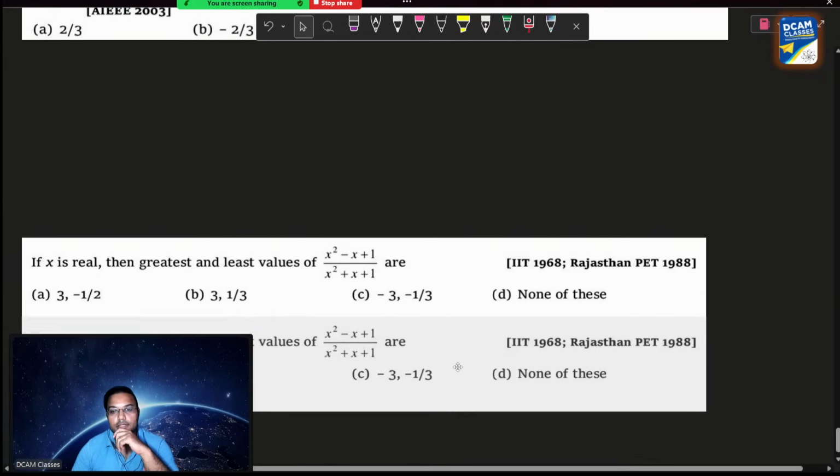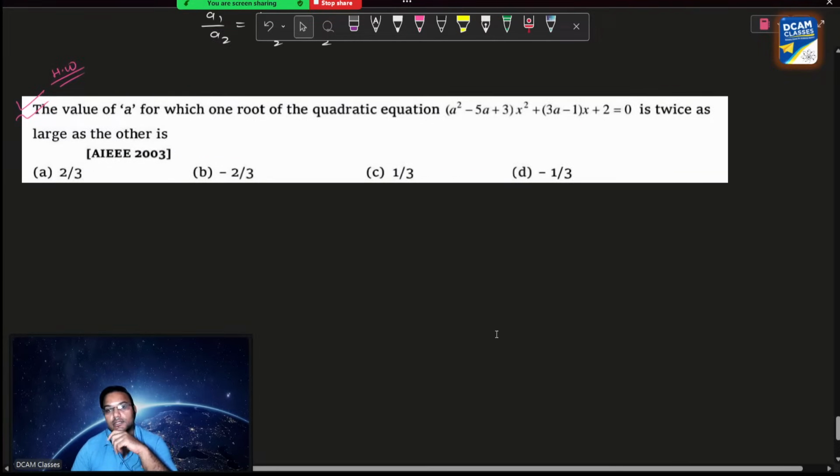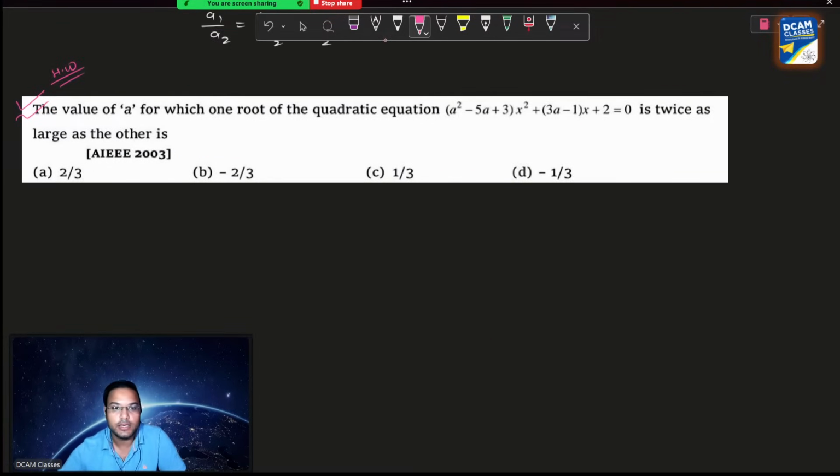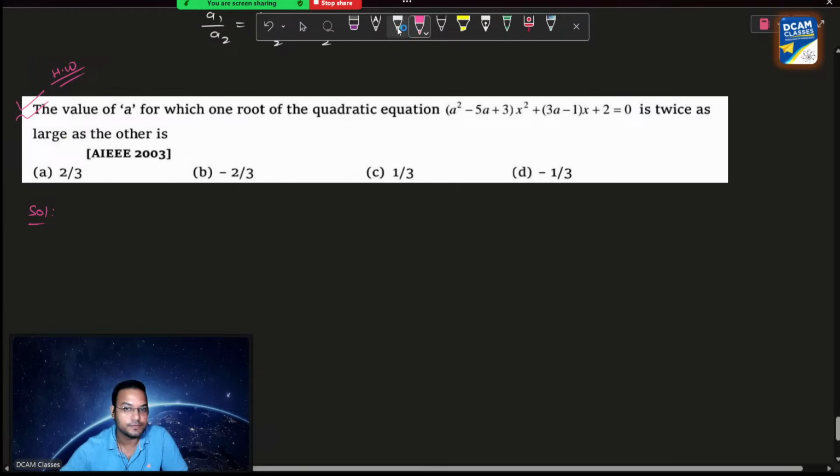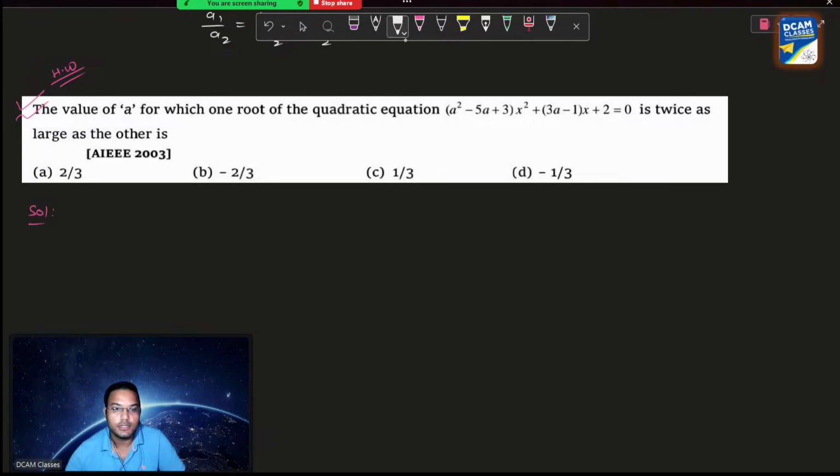Acha, see, since I gave this question in the last class, you keep solving it. I'm solving this one now. See what this question is. The one root of the equation is twice as large as the other. So we can write the two roots as alpha, 2 alpha.